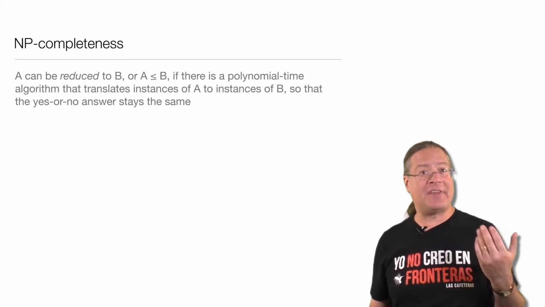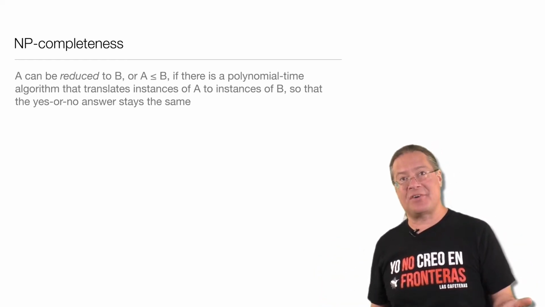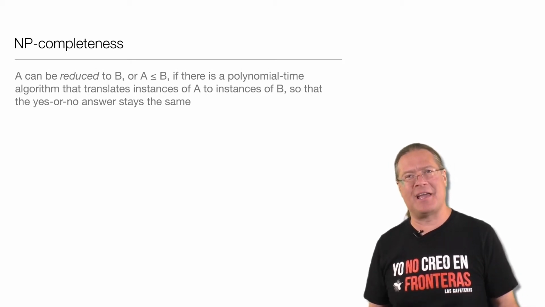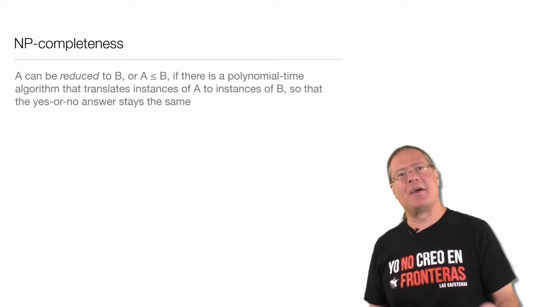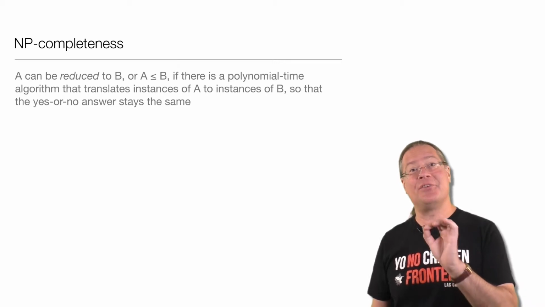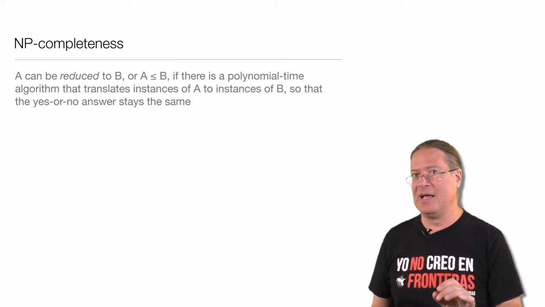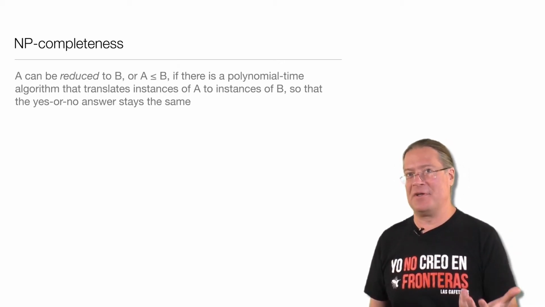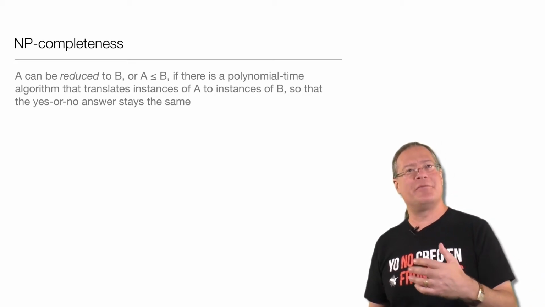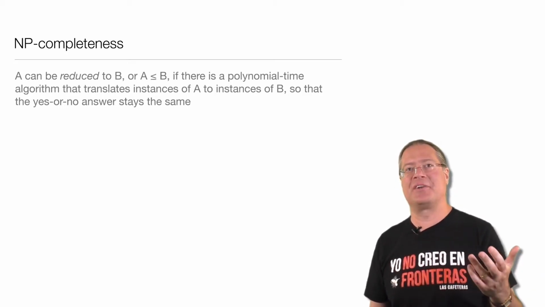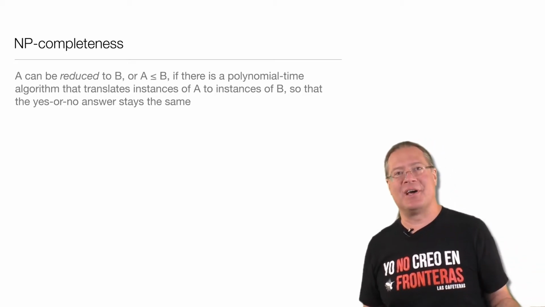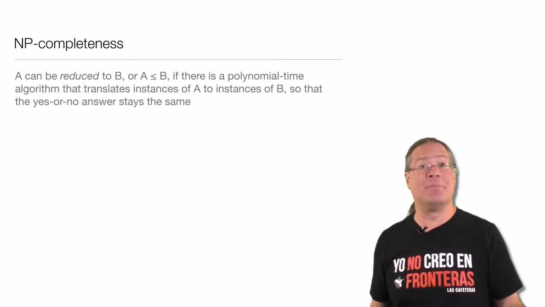This is pretty standard in what we mean by a reduction. Of course, sometimes it's more complicated than that, but the reduction is not trying to solve the problem. It's only trying to transform the problem from one format or language, if you like, to another. It's a little bit like a translator at an embassy.